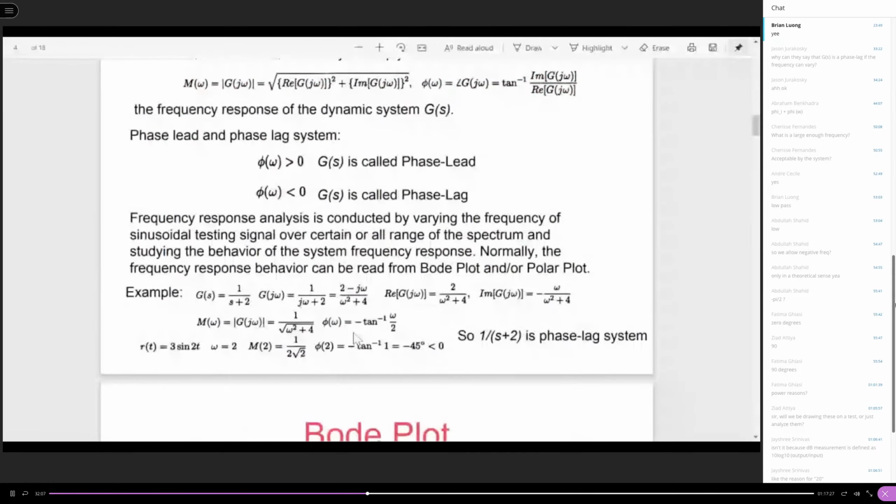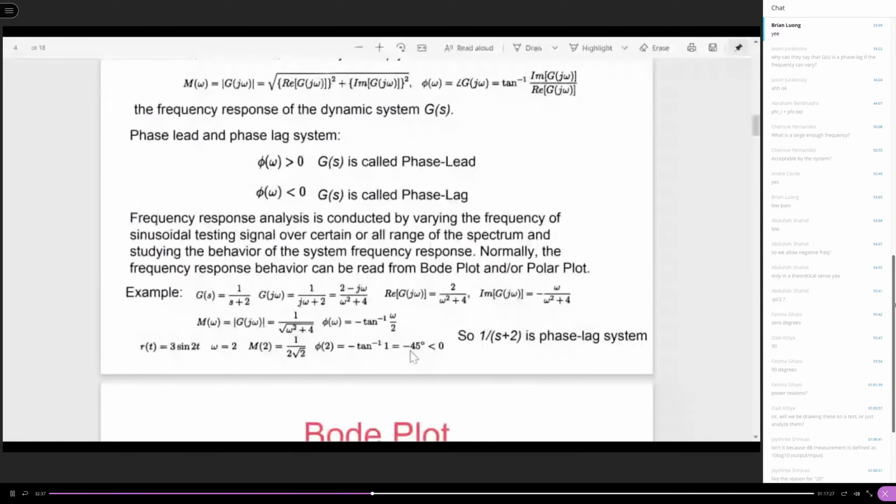Now, from this numerical example, we found out that the phase of the system could be negative for a certain frequency. Not surprisingly, you can find another system that, with respect to the same frequency signal, has a phase that is positive. So it could be negative, it could be positive.